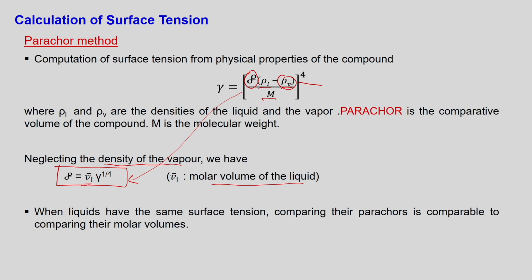You add that up, you get the total Parachor volume. If you have this Parachor volume, insert it, rho L you know, molecular mass you know, you get the surface tension. So, what does this Parachor volume mean? It means that when liquids have the same surface tension, comparing the Parachors is similar to comparing their molar volumes.